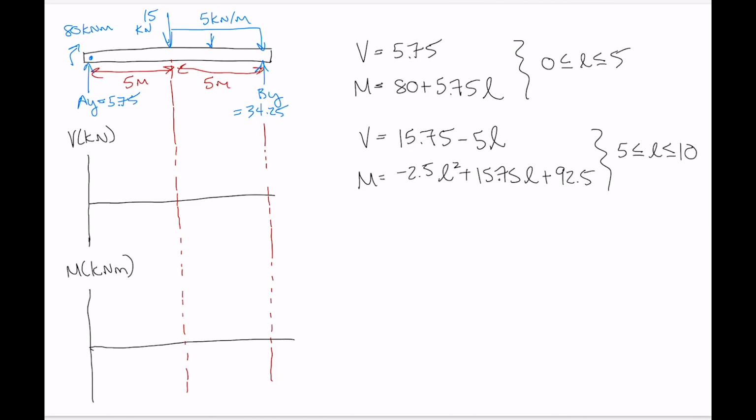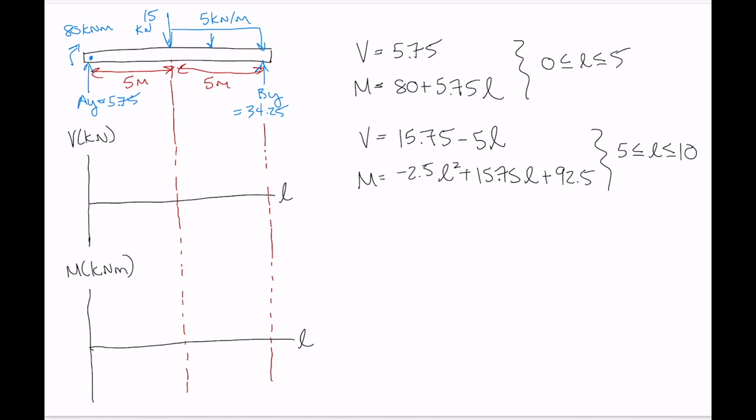So let's work with the shear diagram first. Starting at L equals 0. Remember, our L axis is on the horizontal here. So this is our horizontal axis, L, and it's measured in meters.